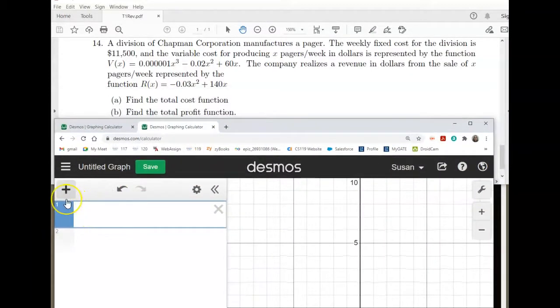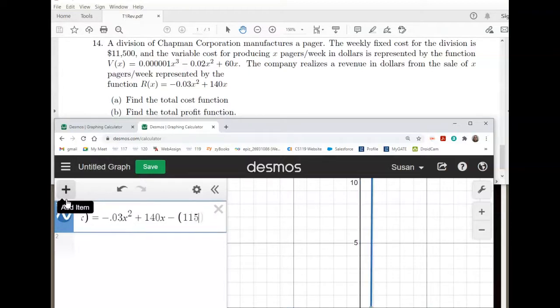I need the profit function, P of x, equals the revenue, which is negative 0.03x squared plus 140x, minus my cost function, which was 11.5 plus 0.123456 x to the third minus 0.02x squared plus 60x. Now you could simplify this, but I don't require it.